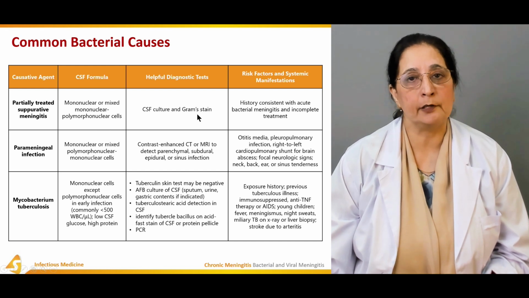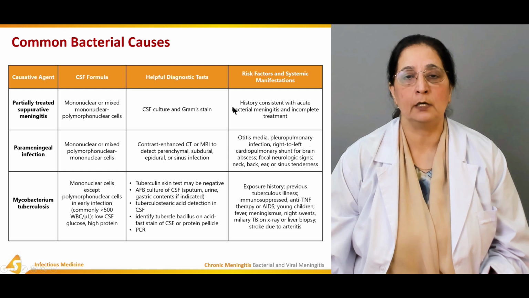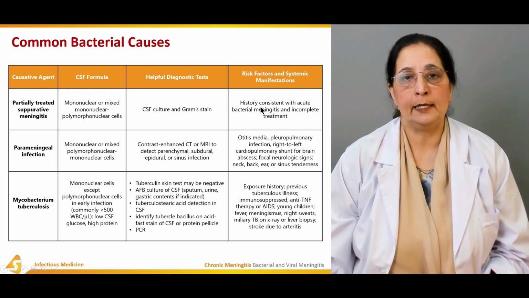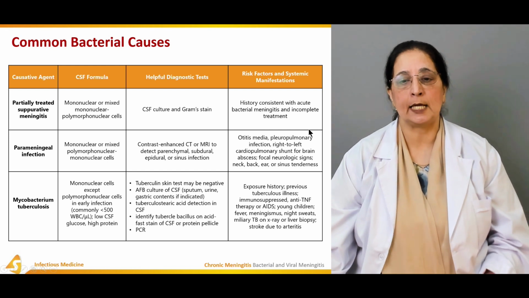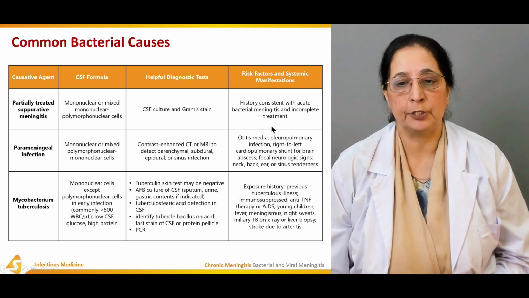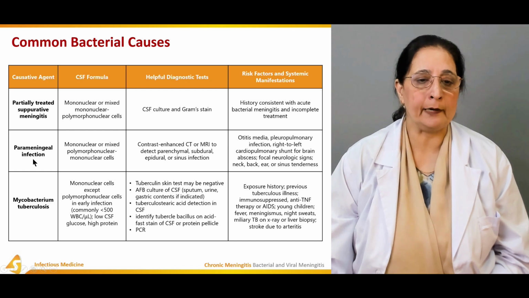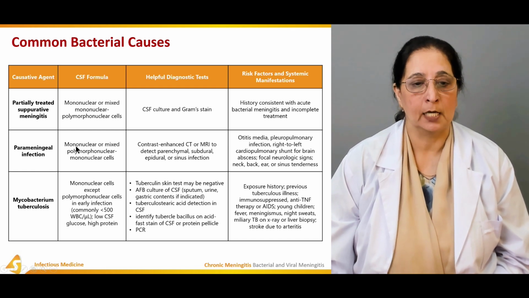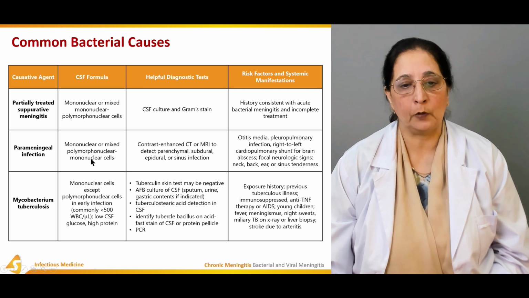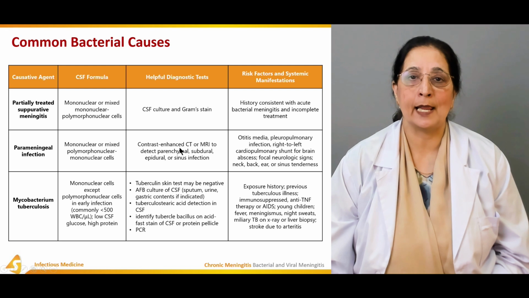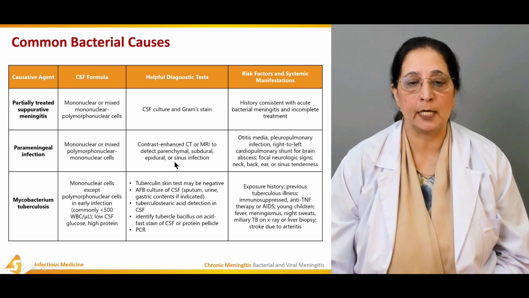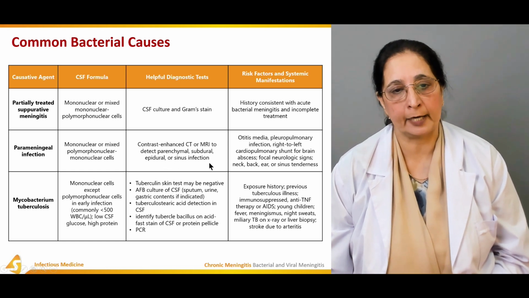There are mononuclear or mixed mononuclear and polymorphonuclear cells. CSF culture and Gram stain are important diagnostic tests, along with a history consistent with acute bacterial meningitis and incomplete treatment. Then parameningeal infections: mononuclear or mixed polymorphonuclear and mononuclear cells, and contrast-enhanced CT or MRI to detect parenchymal, subdural, epidural or sinus infection.